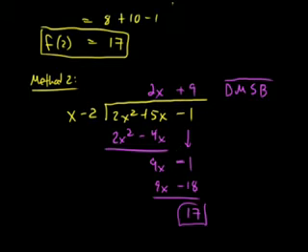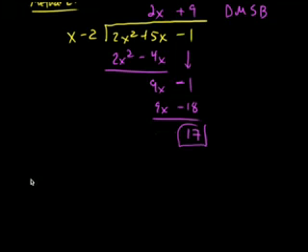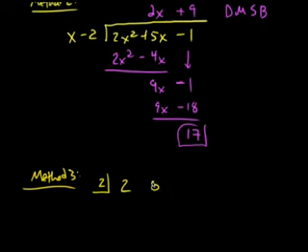Okay, let's do the same thing using synthetic division real quick. If I was doing this divided by x minus 2, I would put a 2 in my little box, because it was always the opposite of that number. And I would have 2, 5, and negative 1.